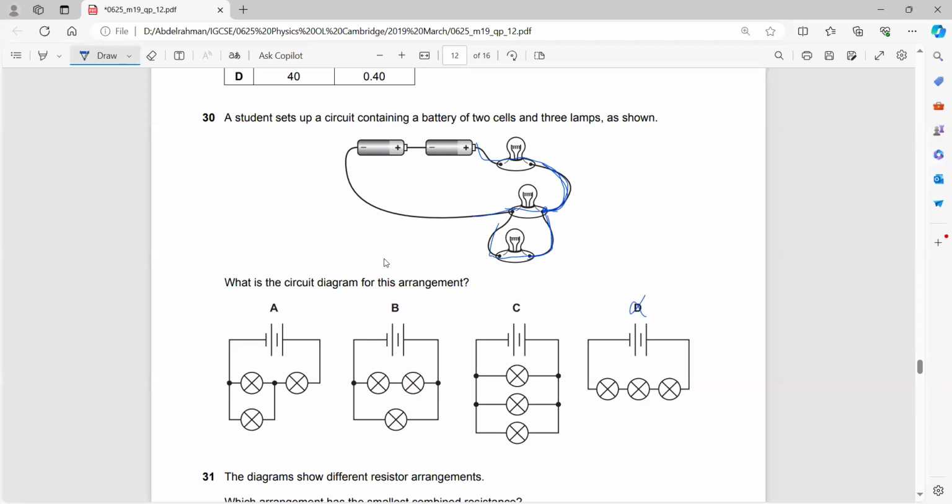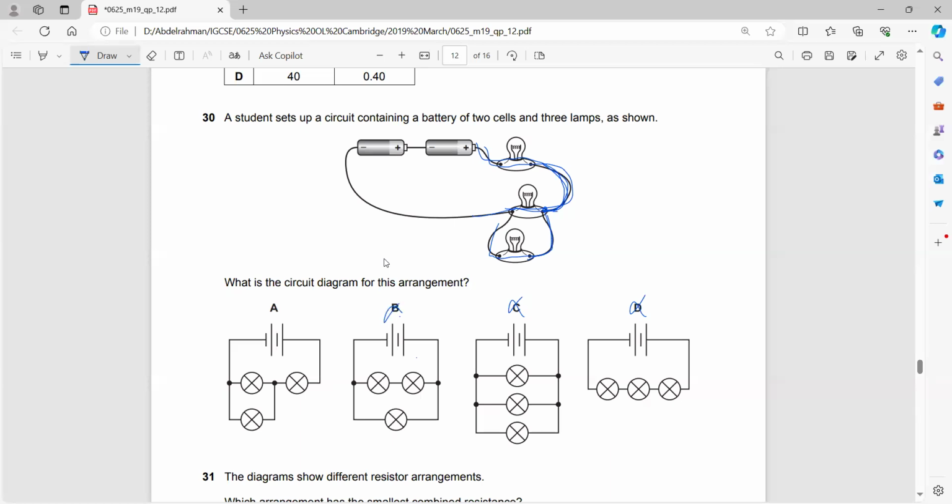Are they all in parallel, as in C? No, they're not all in parallel. One of them is in series and two of them are in parallel. I actually just said the answer. So could it be B or A? Yes, it could be B or A, but B is actually wrong. Why is B wrong?